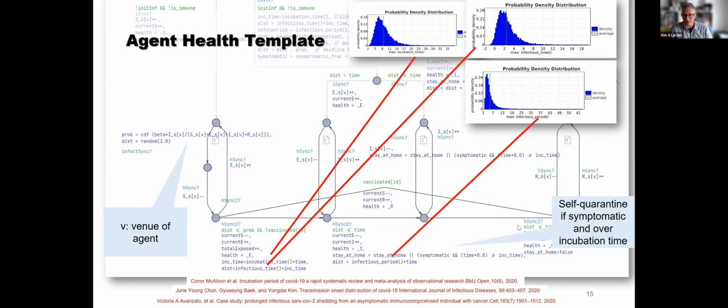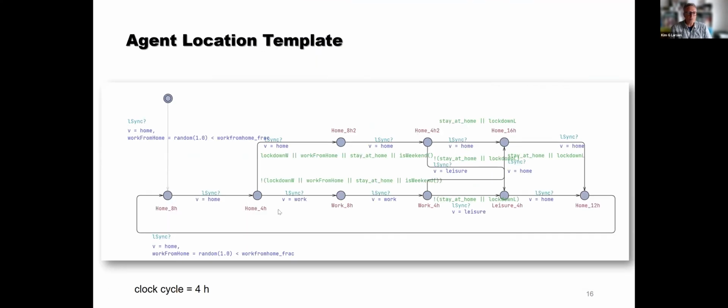So you'll not just move around. And this is what you see here, and then this other automaton that we have for each person. So each person has its own venue.